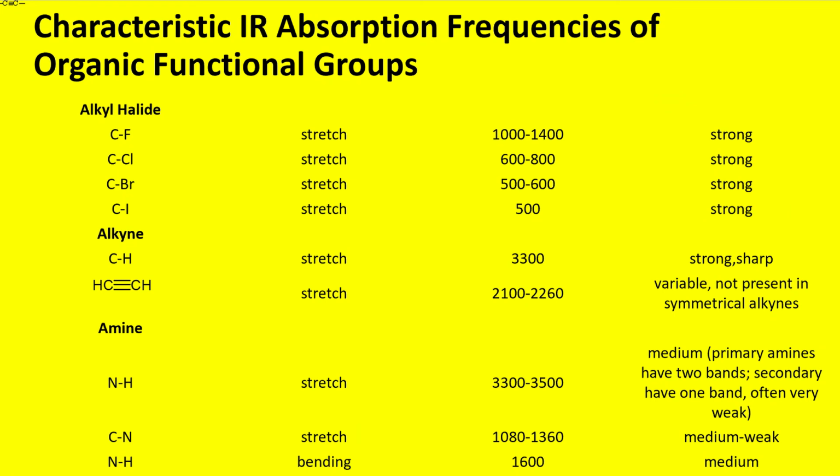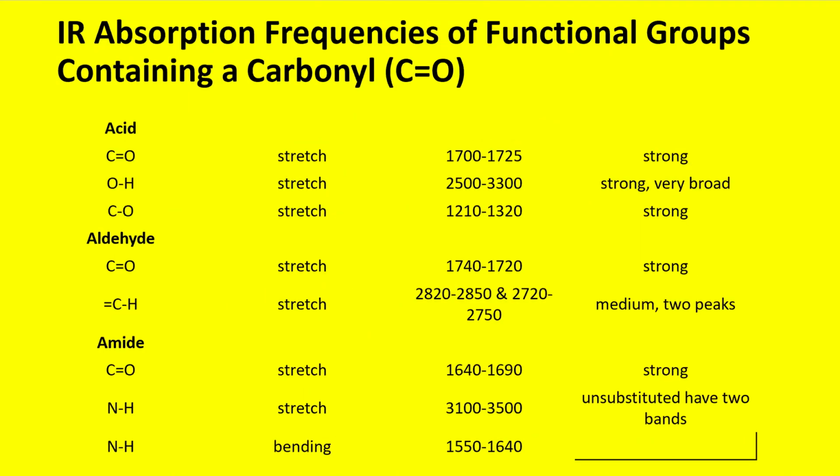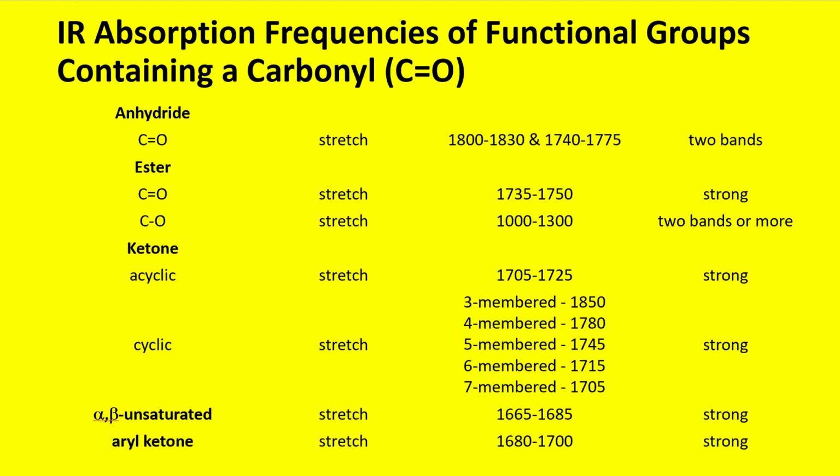We generally have a table that you can use as a reference. But as I said, I would encourage you to know the common ones. All right, so just skipping through the information on the tables. Again, you will see the functional groups, whether it is a stretch or bend, the wave numbers, and whether it is strong, medium, or variable, right?